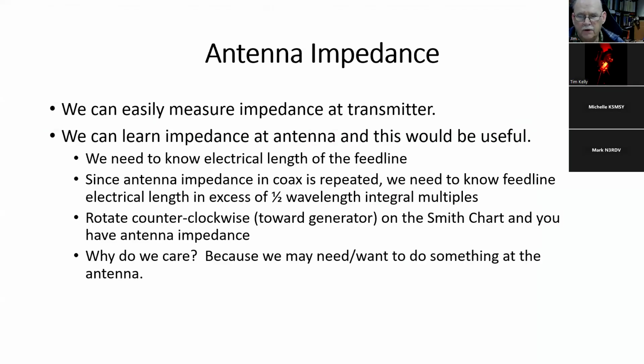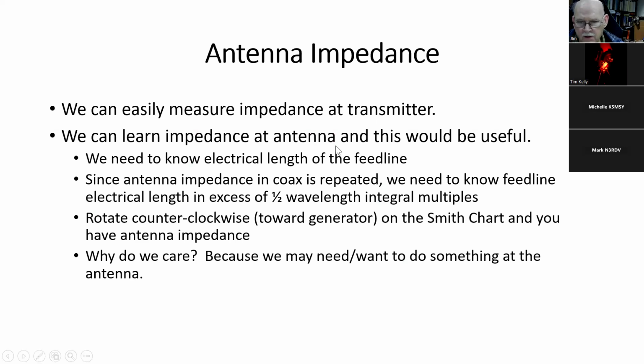So here's where it gets practical. We can easily measure the impedance of the transmitter, right? We've all got our Rig Expert or our MFJ device or a network analyzer or whatever. But we would really, in a perfect world, like to learn what's the impedance at the antenna.